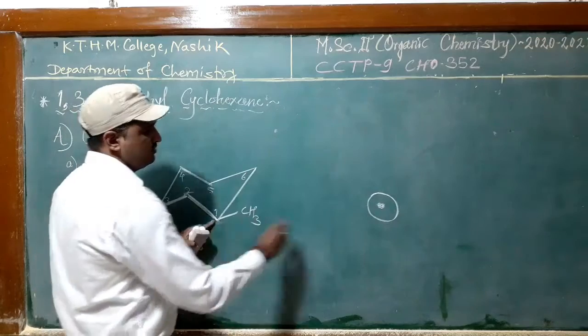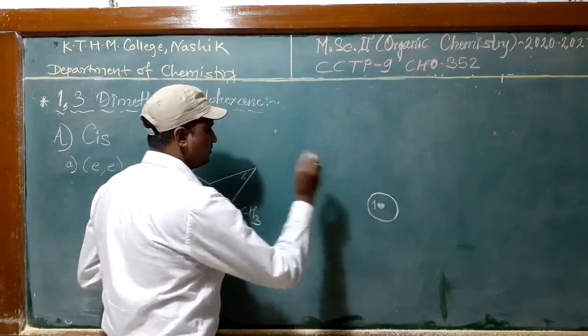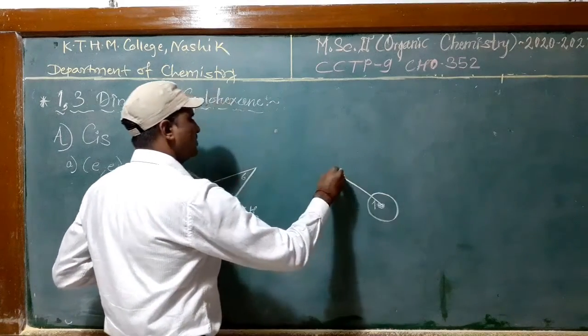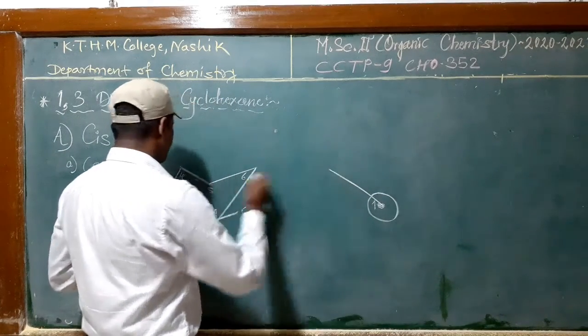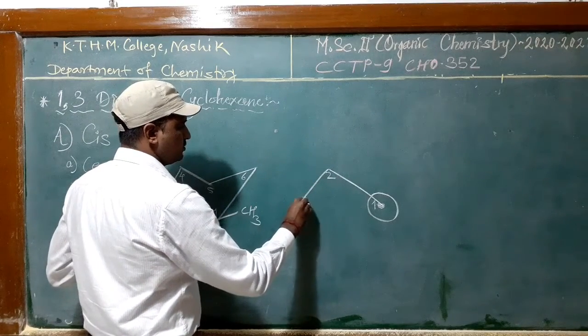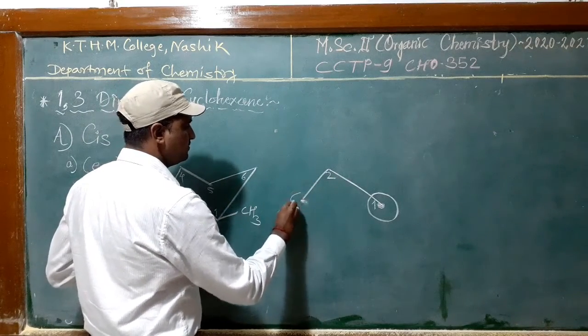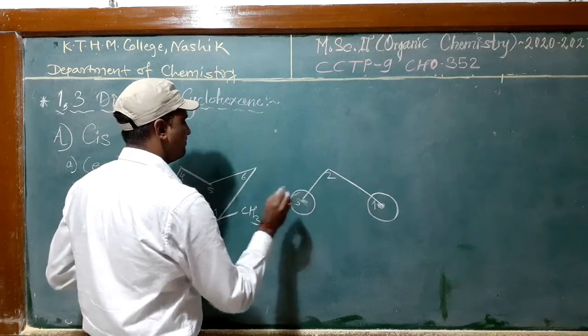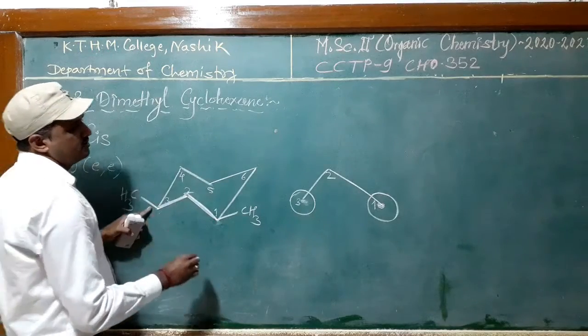Carbon number 1, this first dot represents carbon number 1, which is connected to carbon number 2. Downwardly it is connected to carbon number 3.